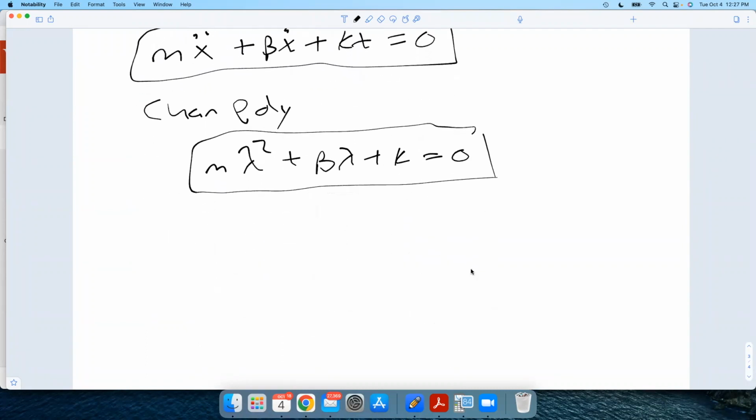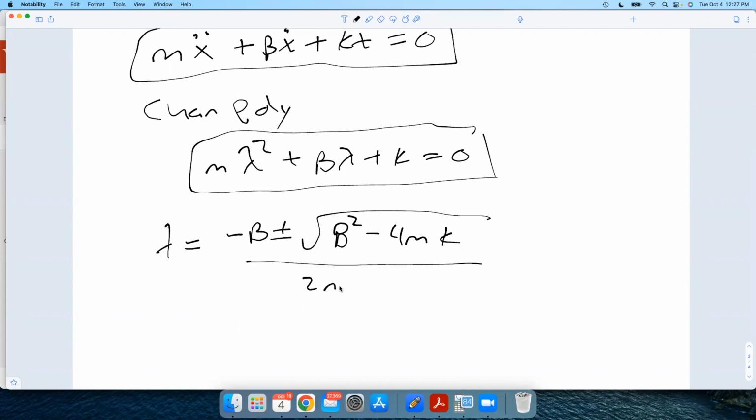So let's just solve this in general. Let's use the quadratic formula. Lambda will be the opposite of b, negative beta, plus or minus the square root of b squared minus 4ac, all over 2a.